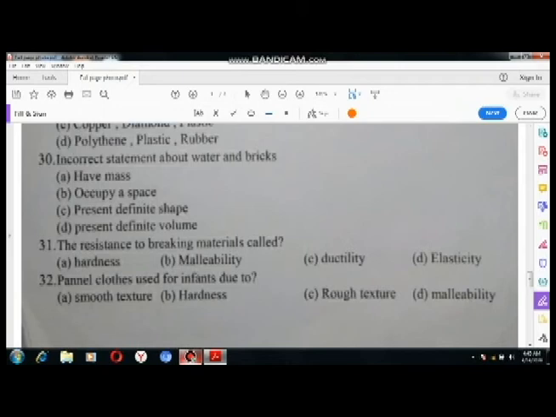So B is correct. But water is a liquid, it does not have a definite shape. It takes the shape of the container. Brick is a solid, it has a definite shape. So the incorrect statement about water and bricks is the third answer: both have definite shapes.